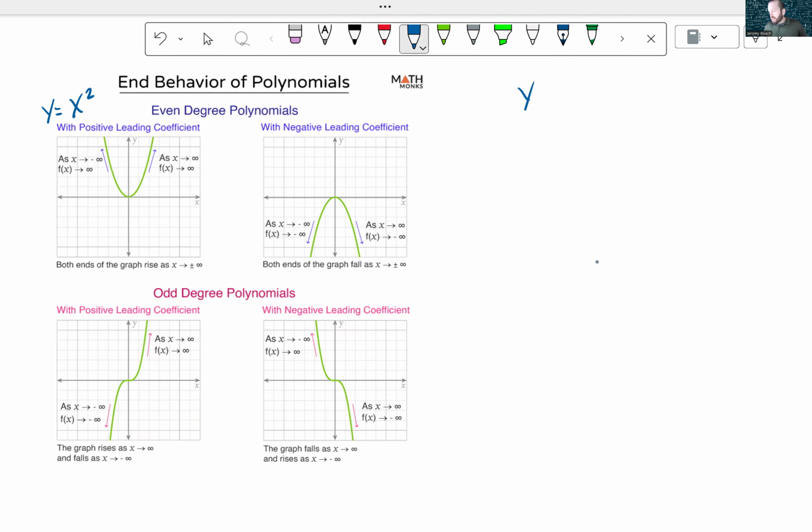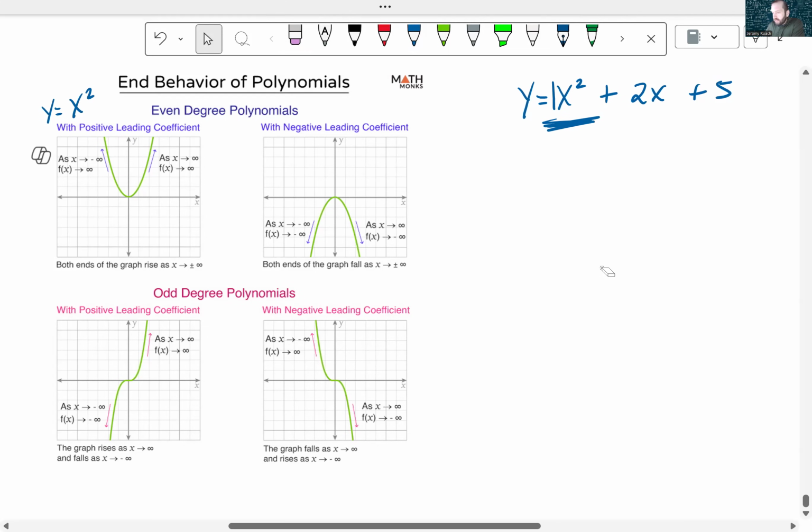If we had y equals x squared plus 2x plus 5, we're still looking at the x squared. This has a positive leading coefficient. It's 1, and it's positive. It also has an even degree, which means that the power is even.